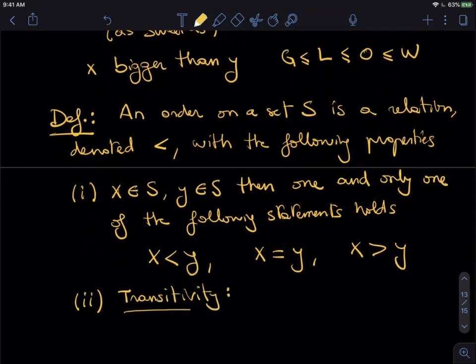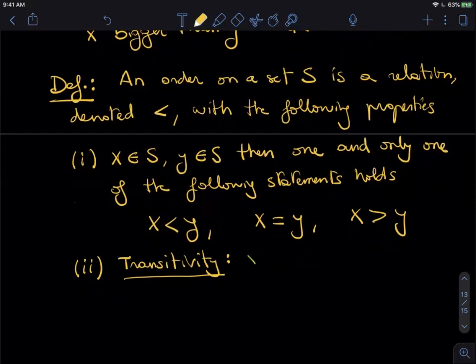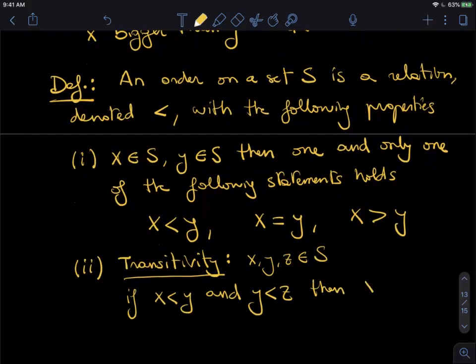Whenever we have three elements, X, Y, and Z, that belong to S, if X is less than Y and Y is smaller than Z, then the transitivity property says that X is less than Z. You can read this as X is less than, or smaller than, or X precedes Y. These are different ways to say it.